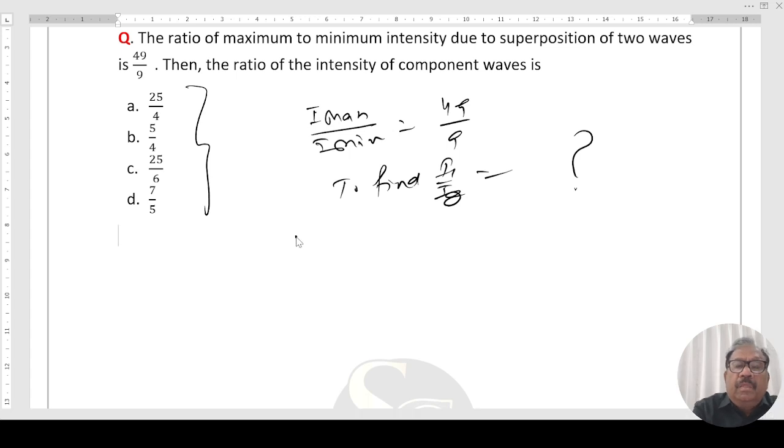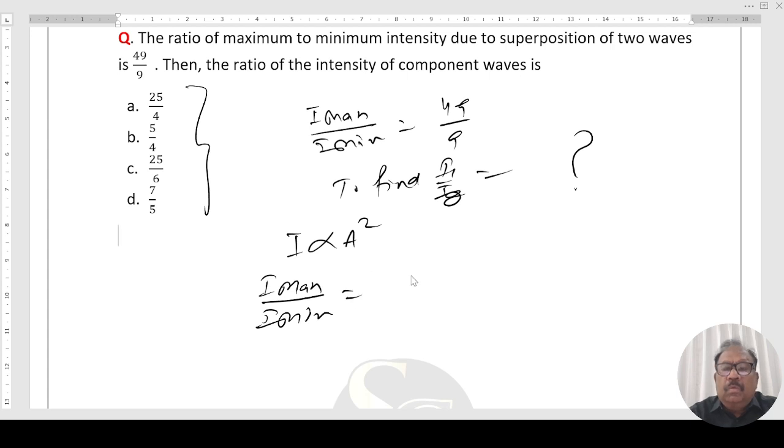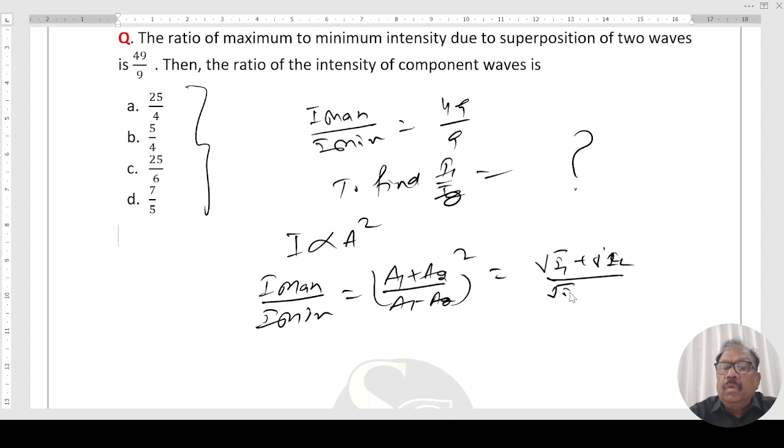Now, as intensity is proportional to A square, therefore I maximum upon I minimum will be equal to A1 plus A2 whole square upon A1 minus A2 whole square, or you can say root I1 plus root I2 whole square upon root I1 minus root I2 whole square.